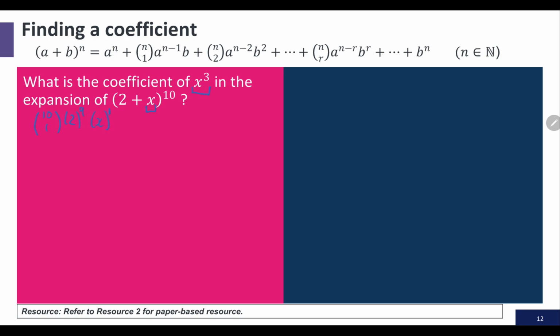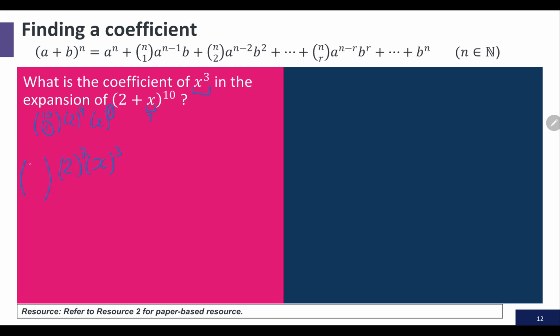And what I asked you to spot earlier was to notice that that 1 there is the same as that 1 there, and it has to be the second term in the bracket. Well, how's that going to help? Just watch what I do here. I'm after x cubed, and it's the second term in the bracket. We know, therefore, that's going to be 2 raised to the power of 7, because the powers have to add up to 10.